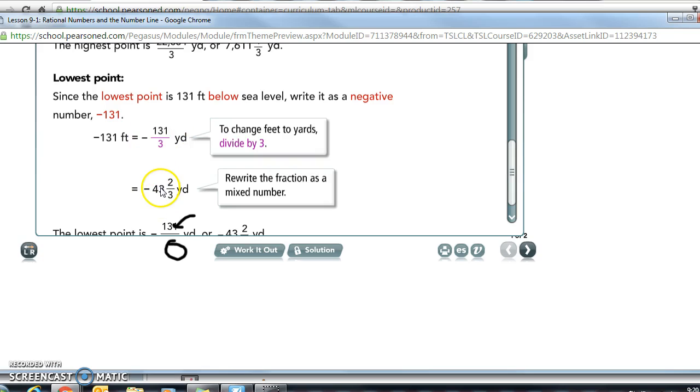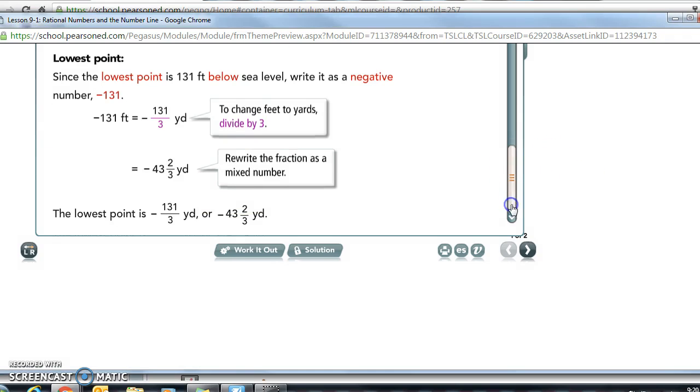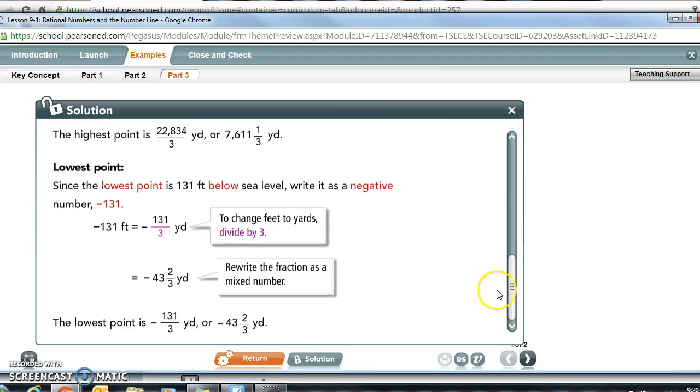So go ahead and write these numbers in your notes. Negative 43 2/3 yards, where my 2 represents my remainder of 2, and my denominator of 3, because we're dividing everything by 3. So again, it becomes negative 131 over 3 is equal to negative 43 2/3 yards.